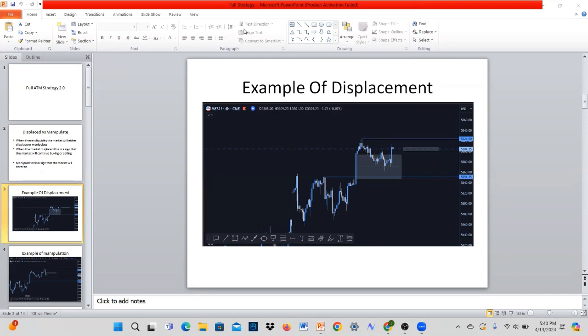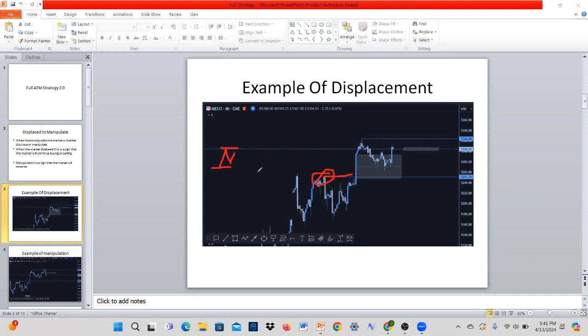Let me get my highlighter. All right, so here we had liquidity here, right? Whenever I'm marking up my charts, I always like to look for areas of liquidity. Areas of liquidity in a retail sense could be an area such as resistance or support, anywhere the market really never hit again.